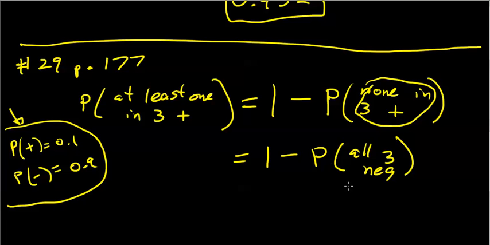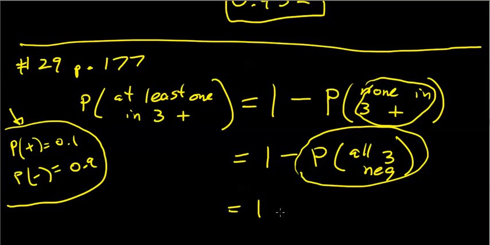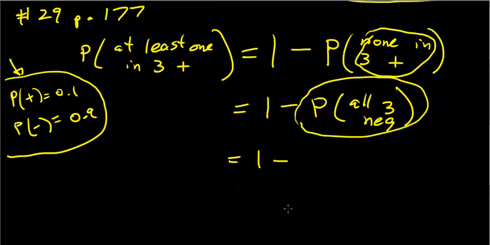And I can grind out this quantity pretty easily from the multiplication rule. And I have to remember to subtract it from 1. Well, the probability that any given test is negative is 0.9, and by the multiplication rule, the probability that all 3 are negative is going to be 0.9 cubed.